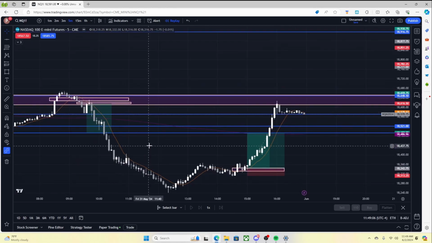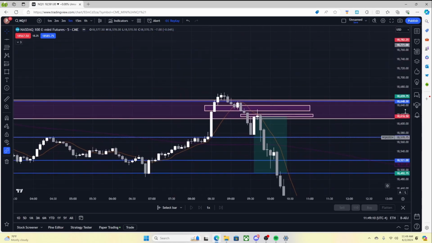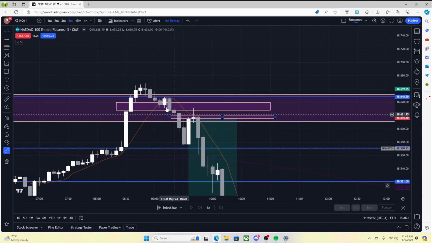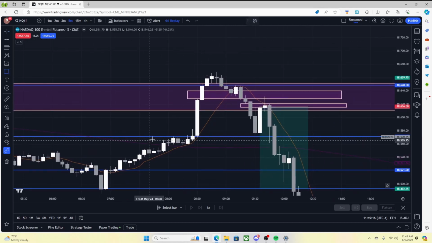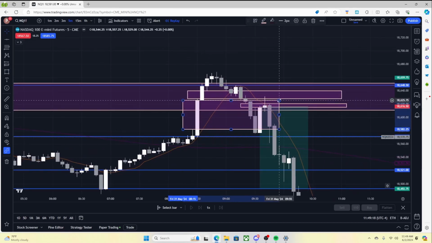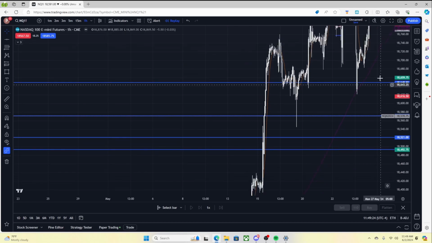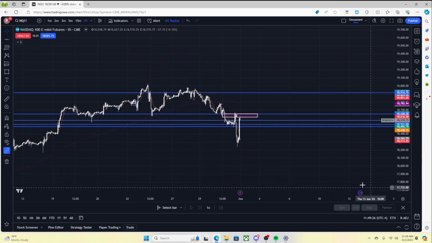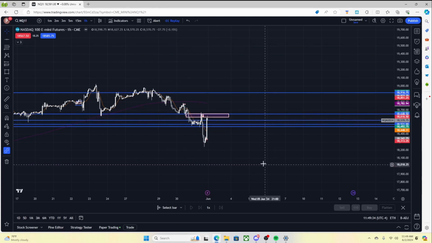Because if on Friday I didn't have the higher time frame confirmation that we were bearish going down, I would have seen this huge fair value gap and been like, oh, let's come back into this and push higher. But if you look, we're in the last couple of days on a bit of a downtrend. We had liquidity levels and fair value gaps, and that's basically what I was looking for.